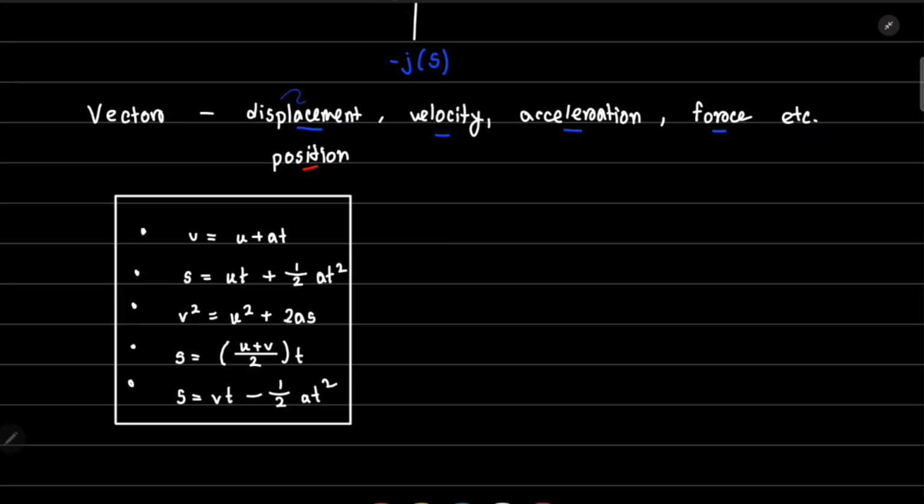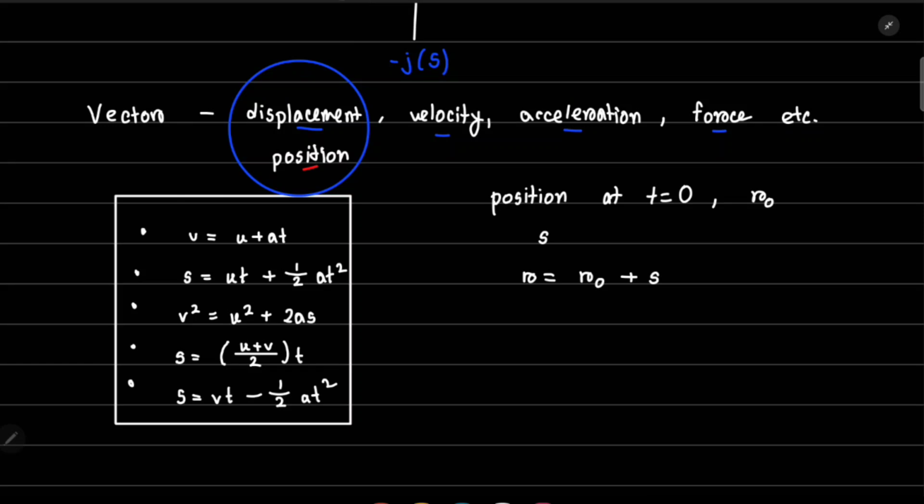Now there is a special link between displacement and position. If I know the initial position of something, so its position at time 0, we can call that r naught. And if I know its displacement, I can find its final position. This will be r naught plus s.